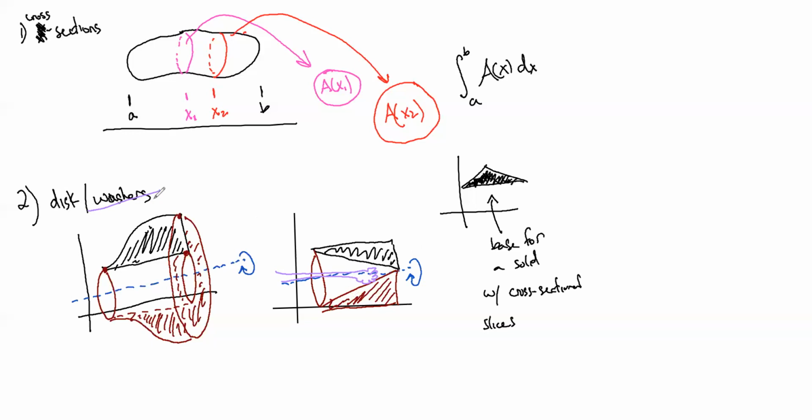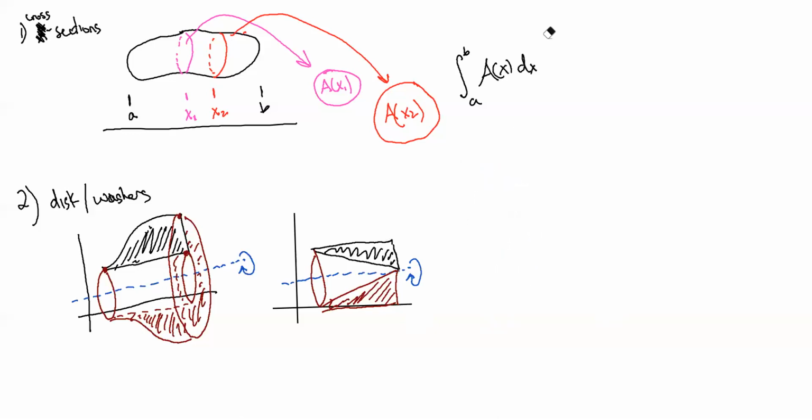So what is the washer formula versus the disk formula? And let me actually, just for the sake of completion, also draw a picture of something that just requires the disk method.